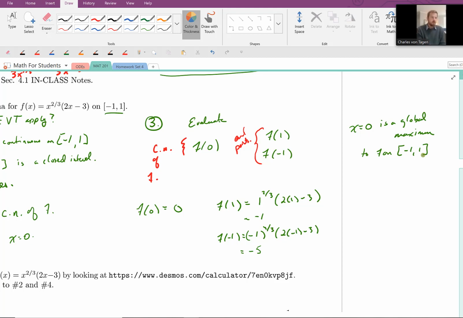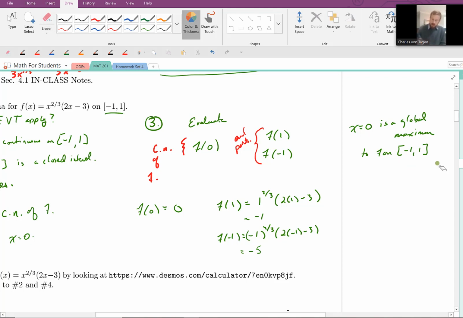There are no values in between negative 1 and 1, such as maybe negative 0.2 or positive 2/5 or something like that. There is no other number in this interval that will output a number larger than it outputs when I plug in 0. That's what it means for x equals 0 to be a global maximum.